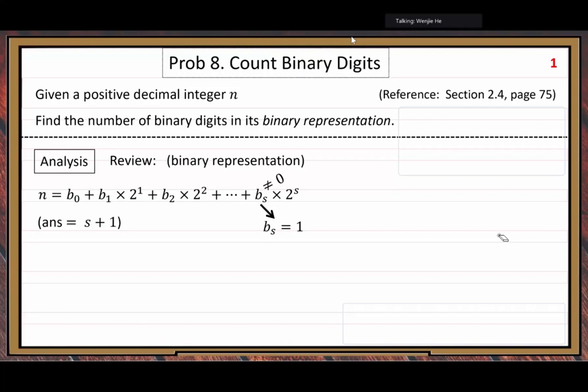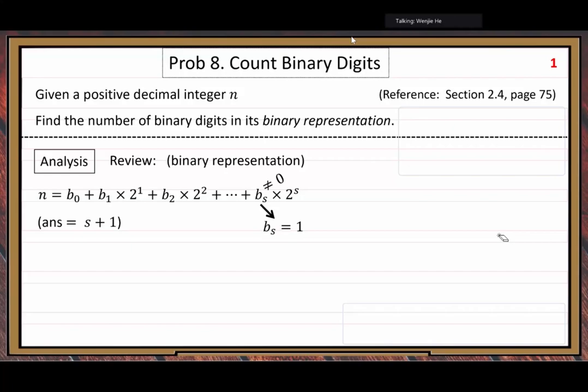Because our given data is n. This s in the formula is a temporary variable, that little s. When you provide your final answer, you should use the given input data, n.